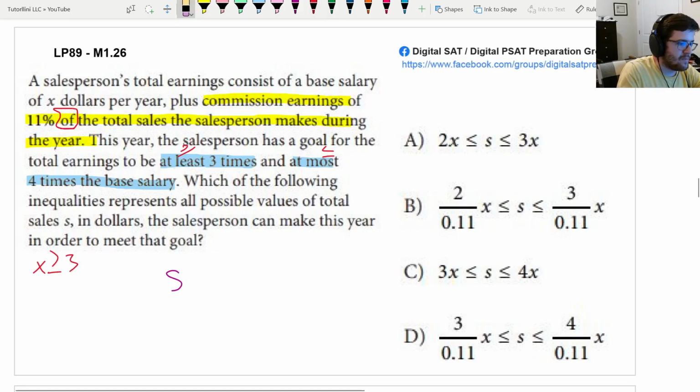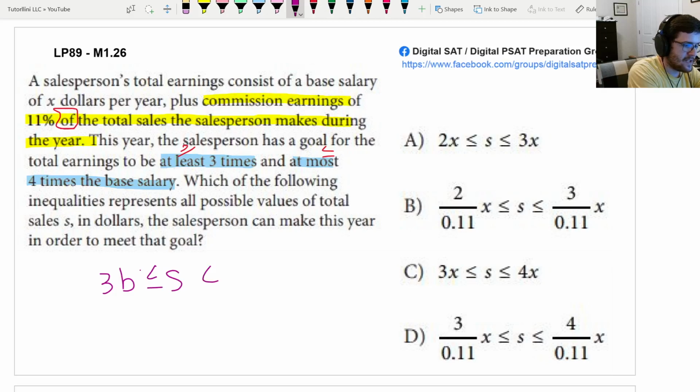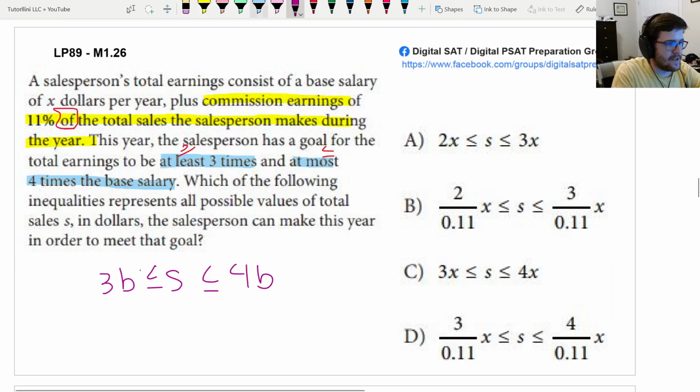So it's really going to be like this. 3 base less than or equal to s less than or equal to 4 times the base. So you might be thinking, Kyle, at least you just said that was greater than or equal to. But if you think about it, this is just s is greater than or equal to 3b. I just rewrote it for the sake of the compound inequality. Hopefully that kind of makes sense. So it's between 3 times and 4 times.